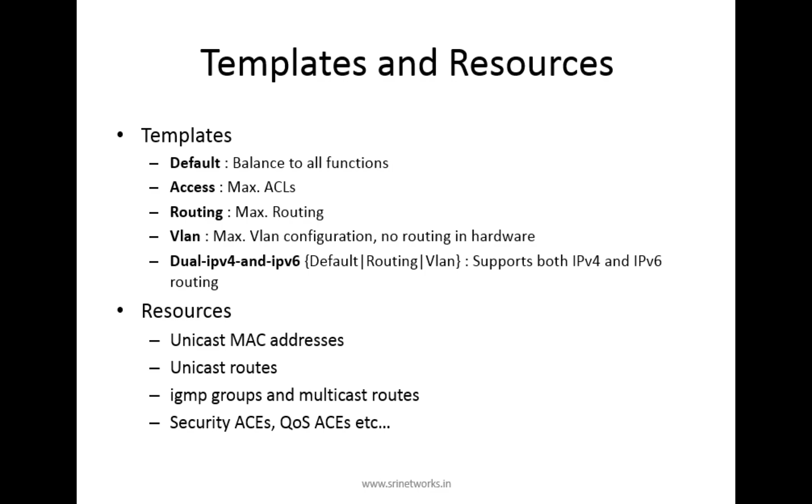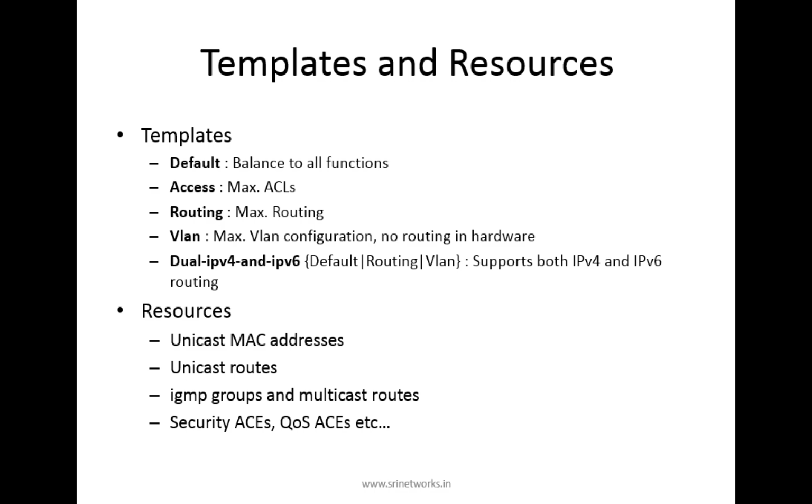By default the switch uses the default template, which balances all the functions. The templates available in a switch are the default, access template, routing template, VLAN template, and then dual IPv4 and IPv6. Default balances all the functions.